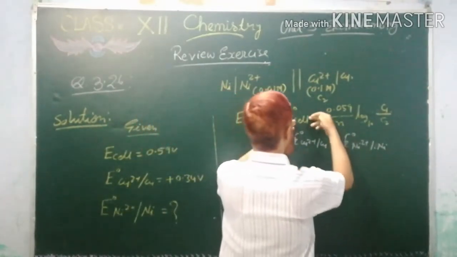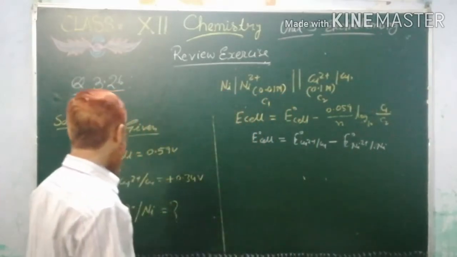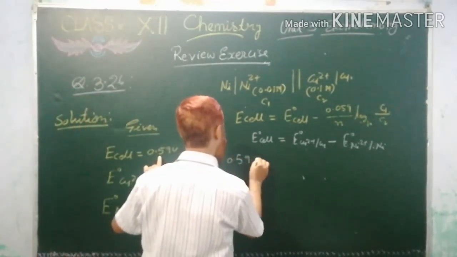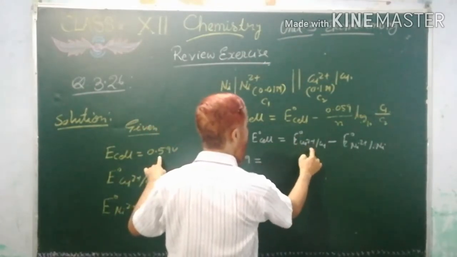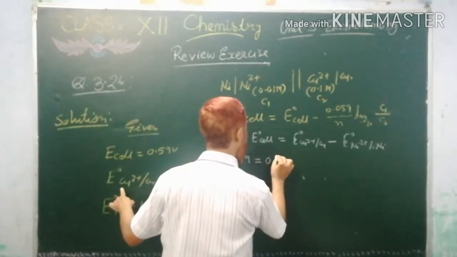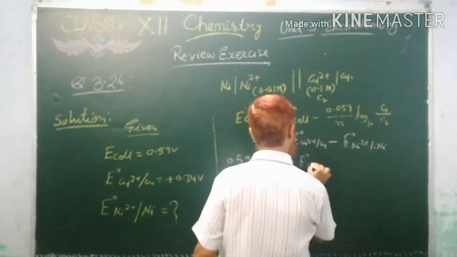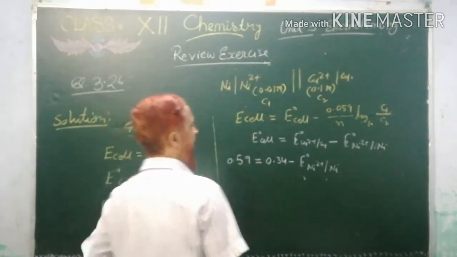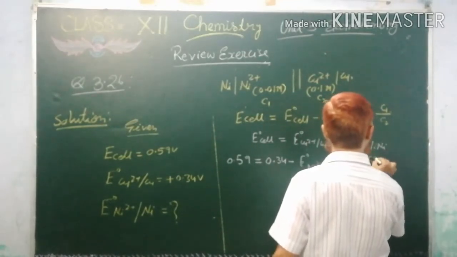If we substitute the values here, the E cell given is 0.59, which will be equal to E naught cell. We will write this one, E naught Cu2+ oblique Cu, already given as 0.34, so 0.34 minus E naught Ni2+ oblique Ni, which we are going to calculate, minus this one: 0.059 upon n.